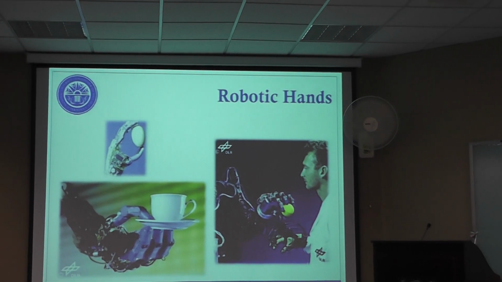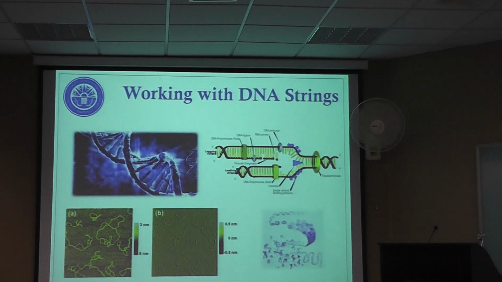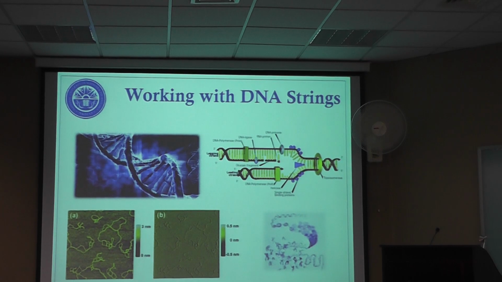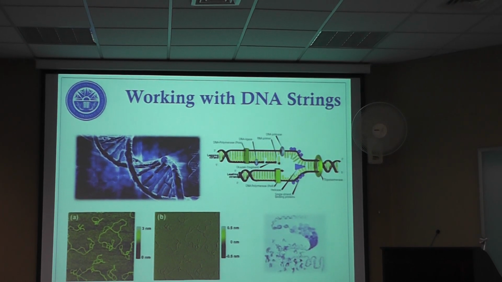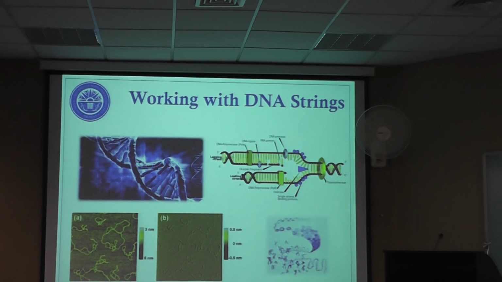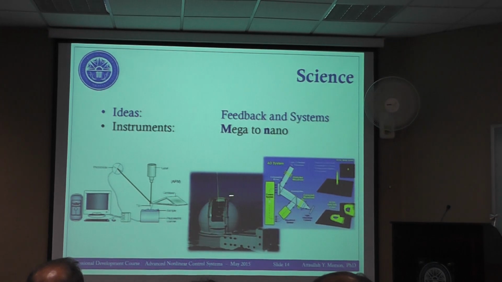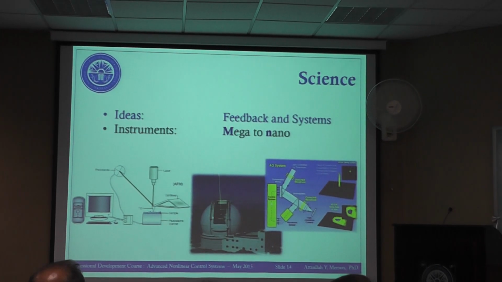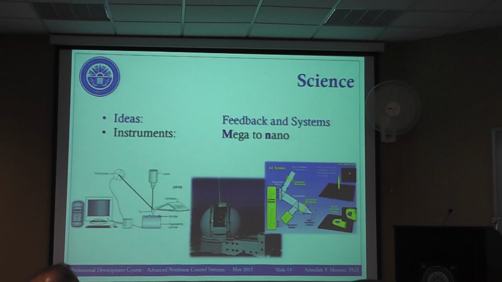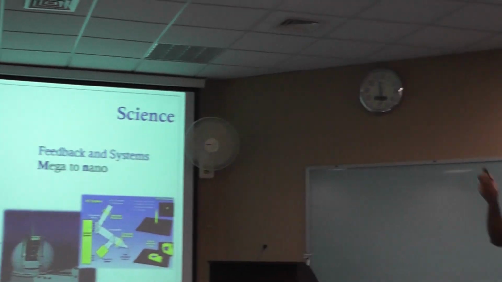This is one example, holding the cup and the egg. DNA strings I just mentioned, working with DNA strings to the level that you can actually give some signals, and now look at the level. This is nanometer level. And now I'm going to show you a level of a telescope, which is designed to track the satellite.